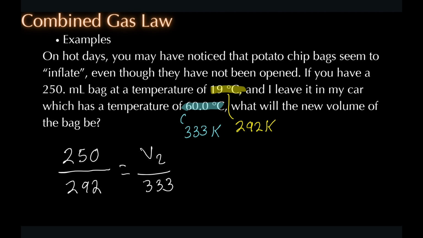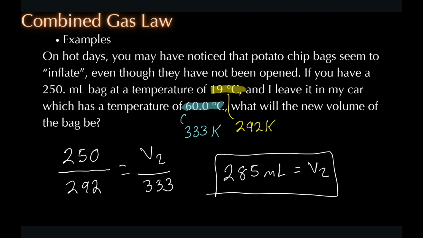Go ahead, we are going to cross multiply and divide, so we should get 285 milliliters as the final volume. Now, the reason that it is in milliliters is because the initial volume was also in milliliters. So just make sure that your units remain constant.